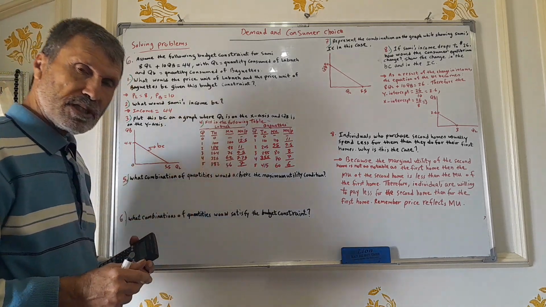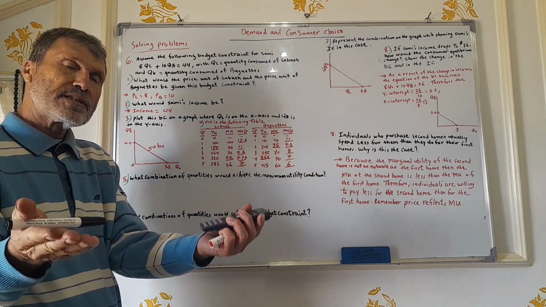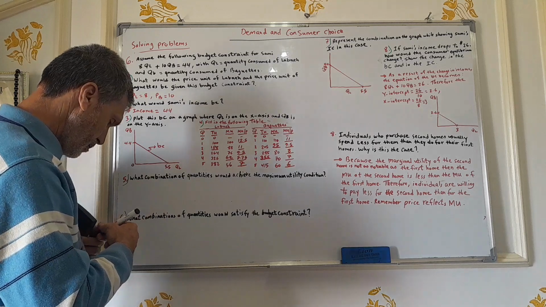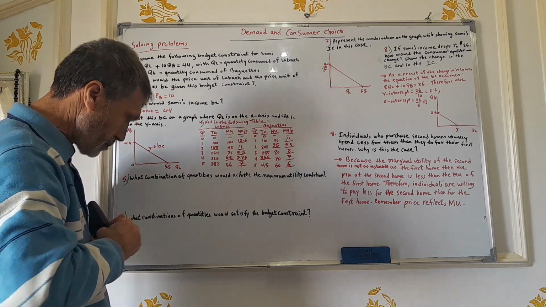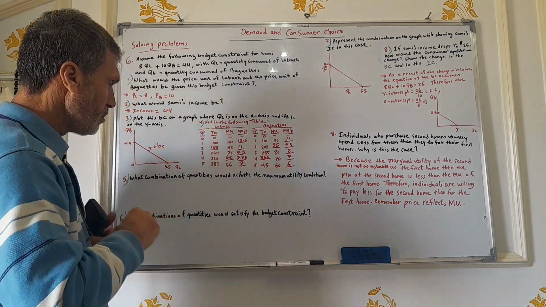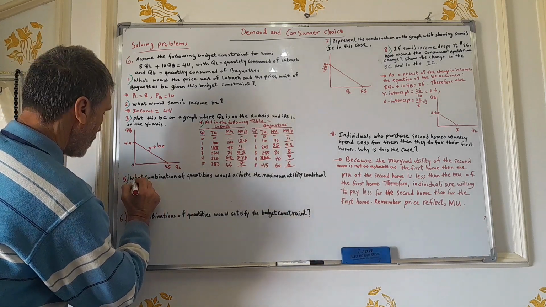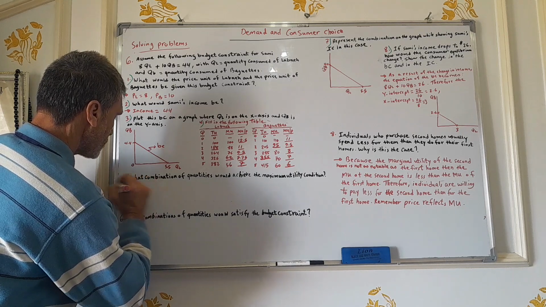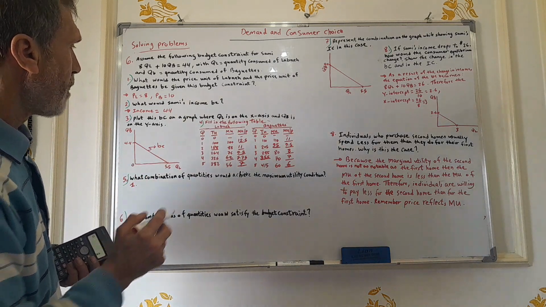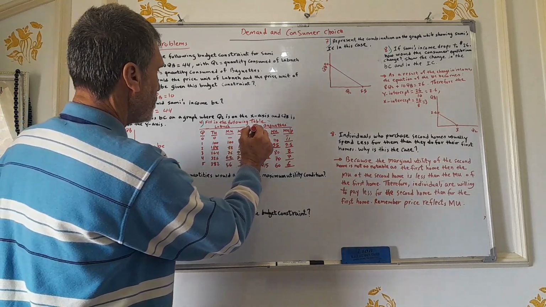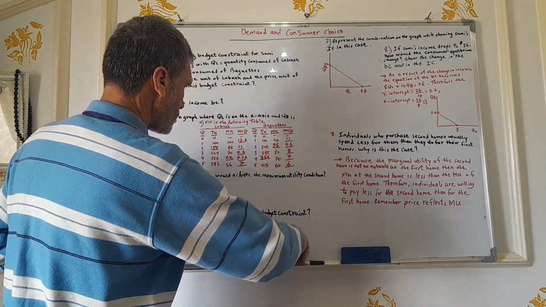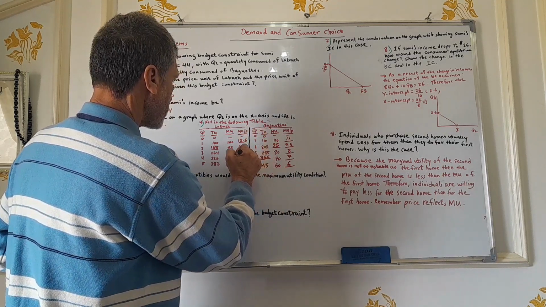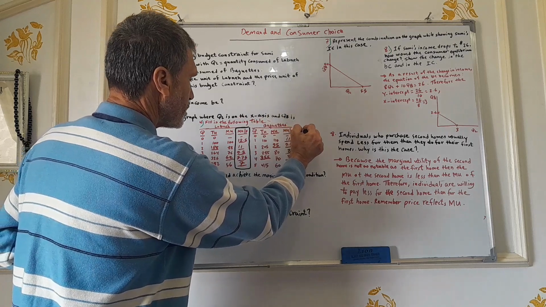So the first condition is what? The marginal utility per price should be the same. So we say here, first combination. We look over here, we take this one with this.